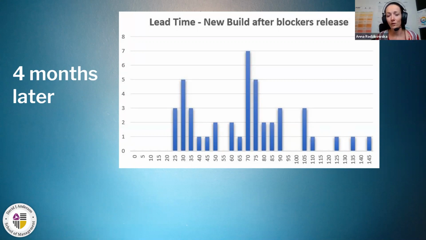Delivery now was between 25 and 145 days, still rather unpredictable, still a fat tail distribution, but at least this histogram started to give us a story. So this is 4 months after the blockers release.